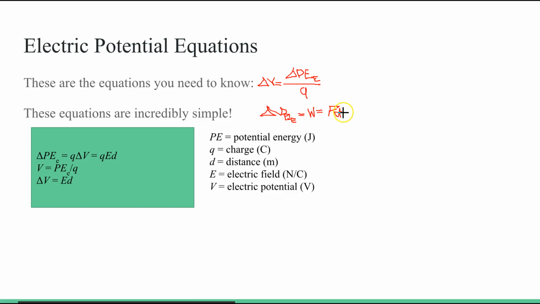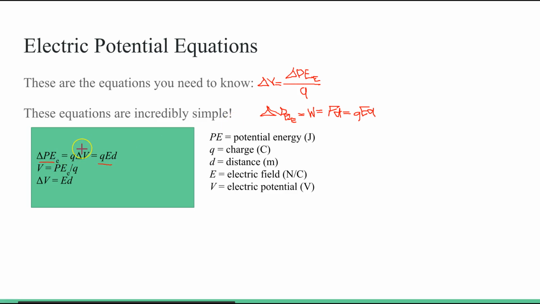Okay, so the force on the charge that you have to apply to at least get it moving at a constant velocity will be the force exerted by the field. So that'll be Q E, because E equals F over Q, so Q E times d. So that's where we get this relationship from.